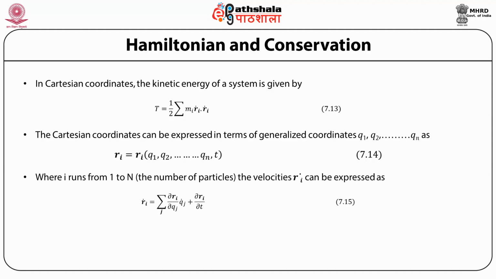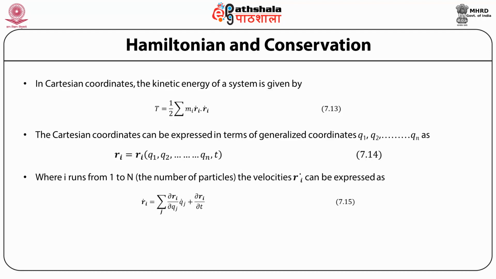The velocity ri dot can be expressed in terms of the partial derivative of ri with respect to the jth generalized coordinate multiplied by qj dot.